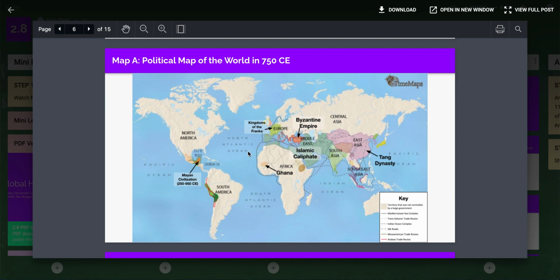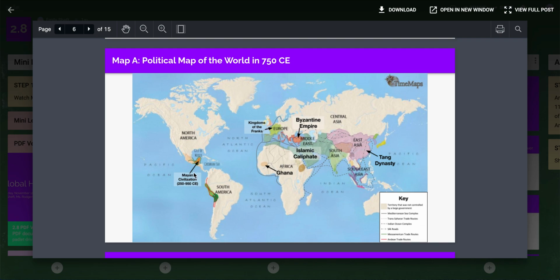We can see how the Atlantic Ocean has separated the Maya from the rest of the world, where we see other empires and kingdoms that are pretty interconnected. If we look at the map key, we can see what the solid line and the different dashed lines mean, because there were a lot of trade routes, and the world between Africa, Asia, and Europe was very interconnected in the year 750.